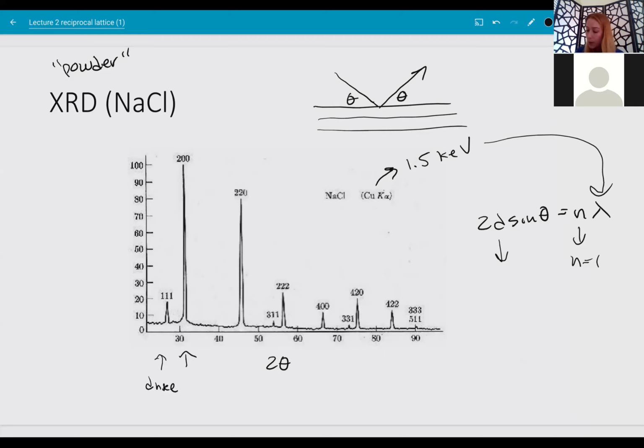And indeed, above each of these peaks is which Miller index it corresponds to. You can see for yourself that you're not just limited to things like 100, 111. You can have various integer combinations that describe how you can slice up your material into parallel planes.